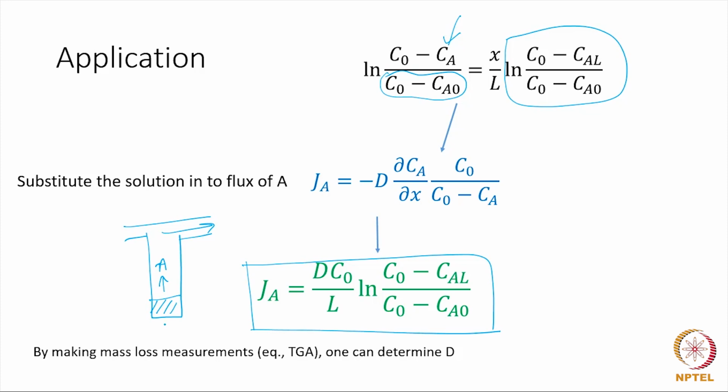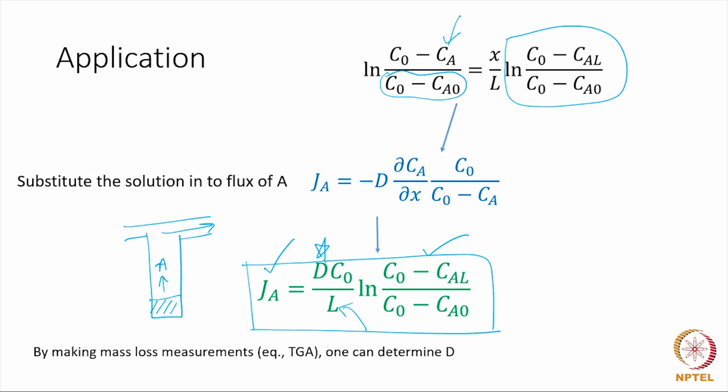Okay, and mass loss measurements can be done in an equipment such as the thermogravimetric analysis. And once we have the mass loss being calculated, that means we have got the Ja, and if we have a way to measure the compositions, all of these terms are known. The geometry of the crucible will give you L, and that means that we now have a way to measure D. Okay, which means that the diffusivity can then be determined.